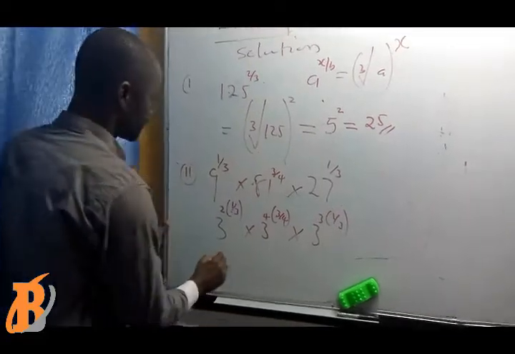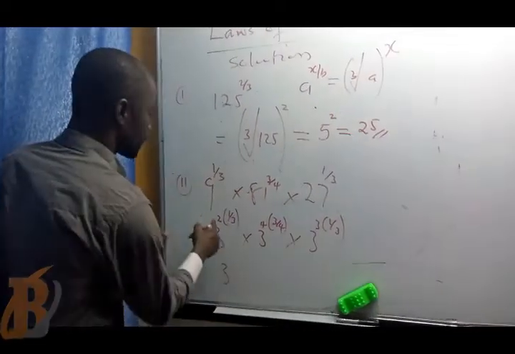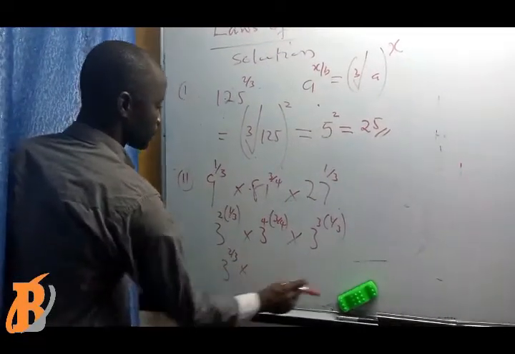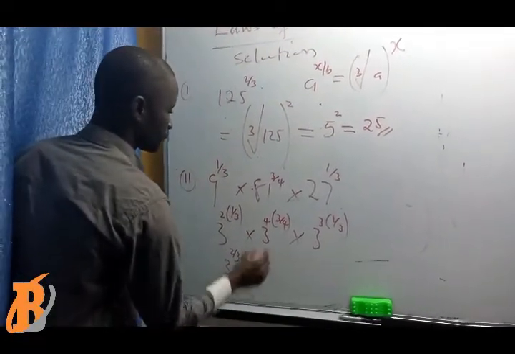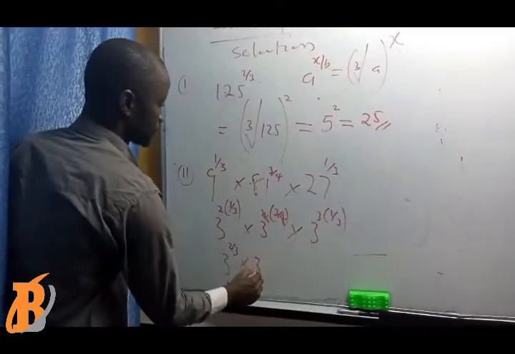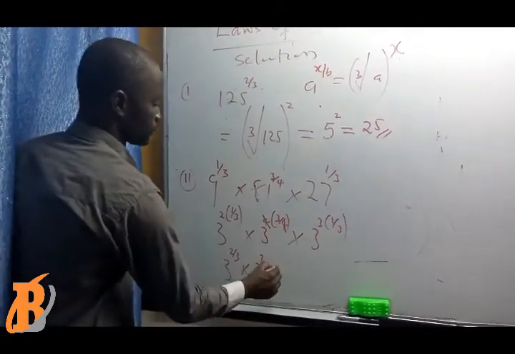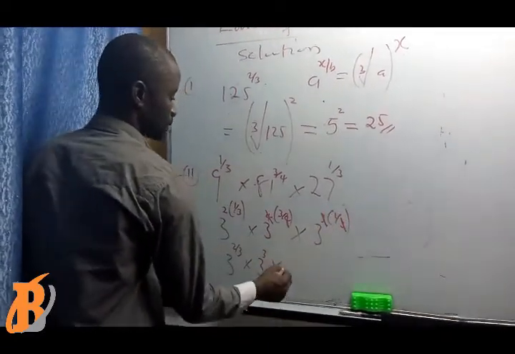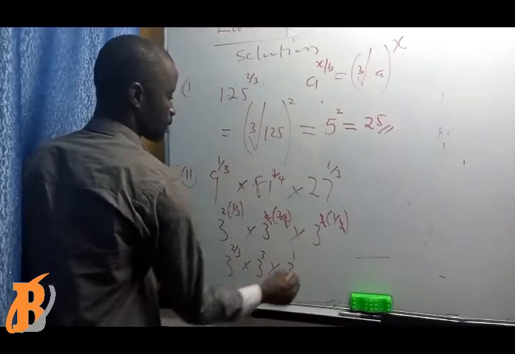Now clear the brackets. That's 3 raised to power 2/3 multiplied by 3 raised to power 3, since the 4 goes with the 4, and then 3 raised to power 1, since the 3 goes with the 3.